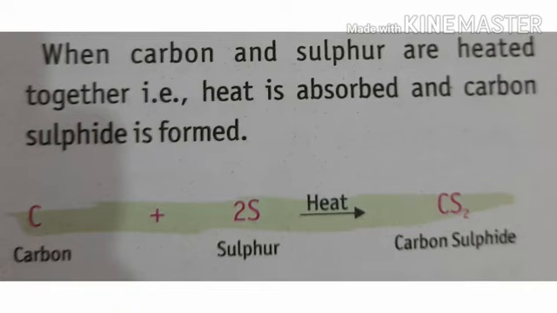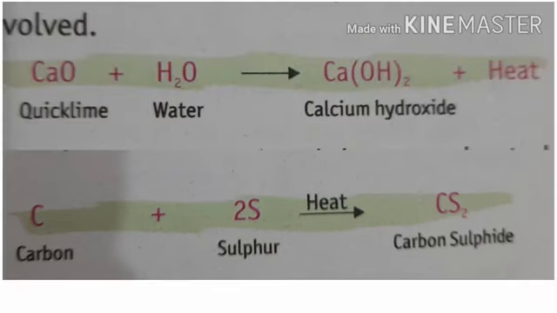See the following equation: carbon plus sulfur, absorbing heat, produce carbon sulfide. In one reaction heat is evolved and in the second reaction heat is taken in by the reaction.